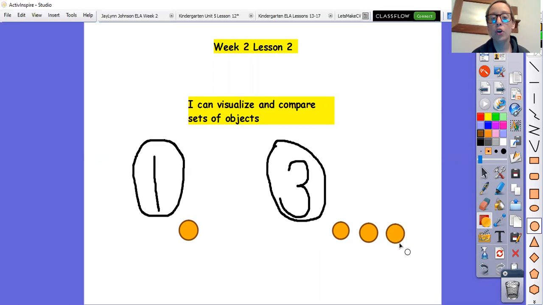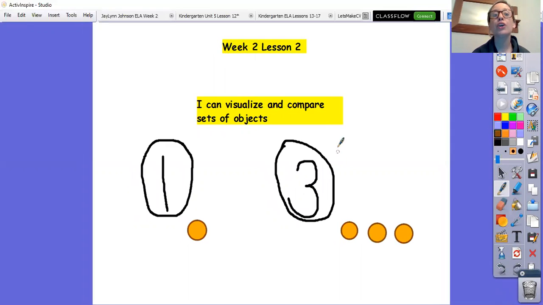Okay. Which one of these sets has more? Which one is more? 1 or 3? Good. 3. 3 would be more, right? So I'll put a little more right there. Okay. I would rather have 3 cookies. I'm not saying how much more at this point. I just want to know that that group has more.